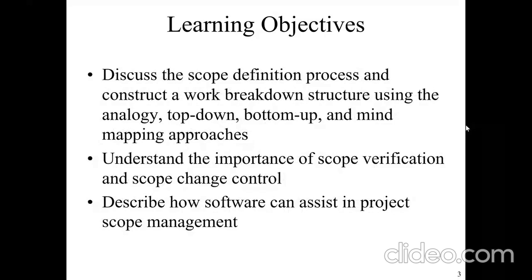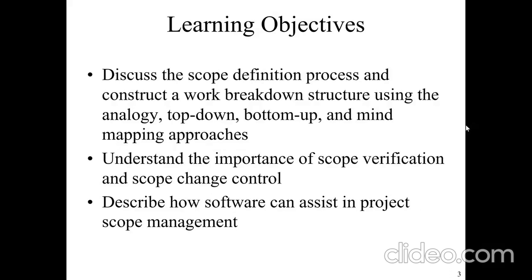Then we would discuss what we call the scope definition process, and then learn how to construct a WBS, that's a work breakdown structure. And there are several approaches that we use. We use the analogy type, we use the top-down, bottom-up, or what we call the mind mapping approach. And we'll see how these things are used to construct a work breakdown structure. Earlier on, we have defined work breakdown structure.